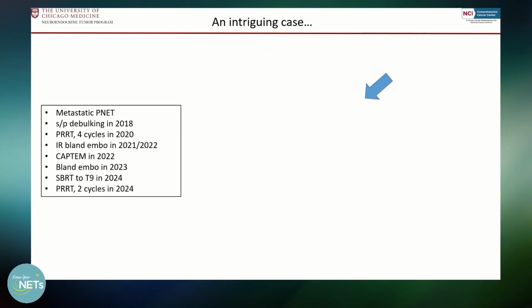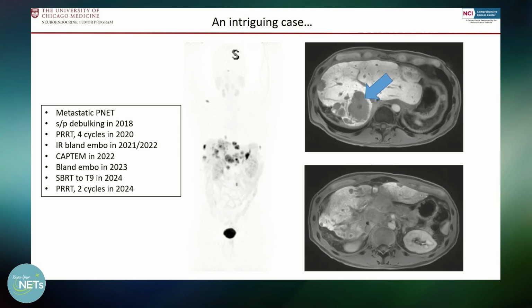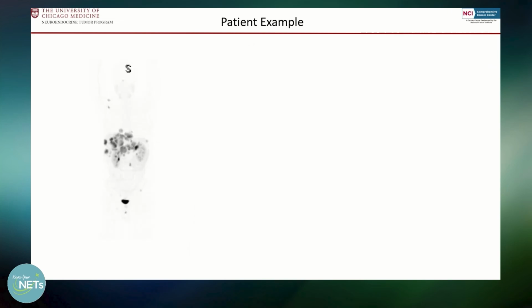Obviously, he went through all these different therapies because of tumor progression. This is what his DOTATATE scan looked like. As you can see, all the dark spots are tumor in the liver. You can see here some bigger lesions, including some pretty central lesions in the liver that were, quite frankly, pretty nasty. So after his 2 cycles of PRRT, however, he progressed within a few months again.